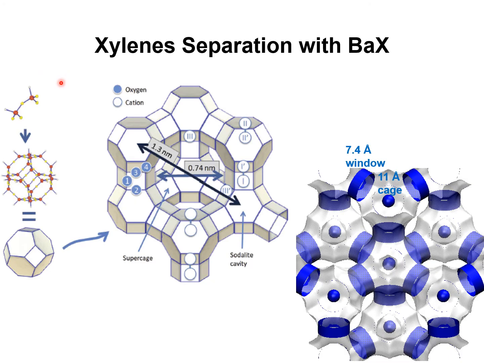In current industrial practice, the adsorbent used in simulated moving beds is barium X zeolite that has the faujasite topology that consists of cages of approximately 11 angstrom size that are separated from adjacent cages by 7.4 angstrom windows.